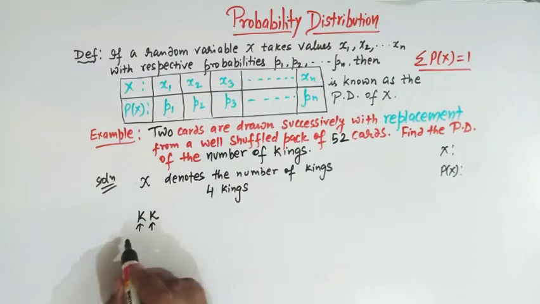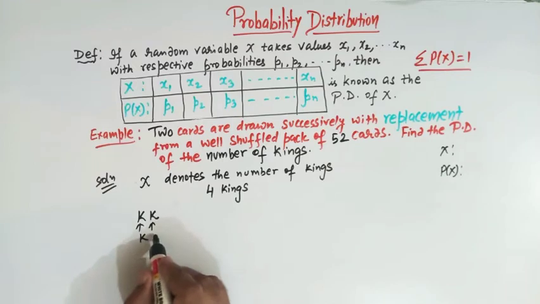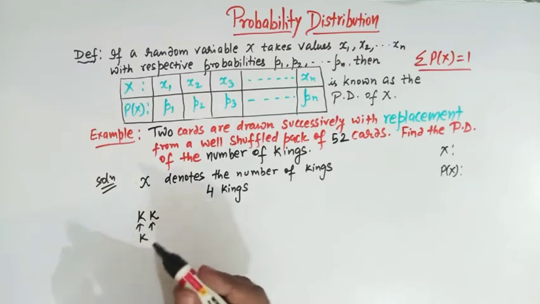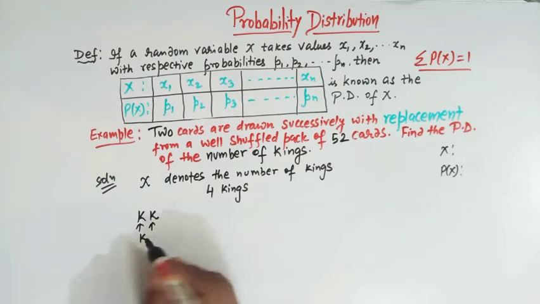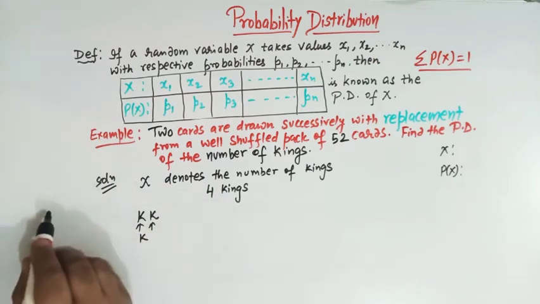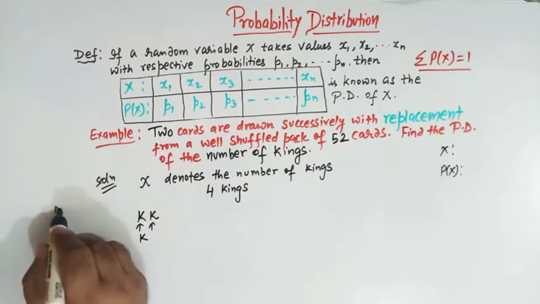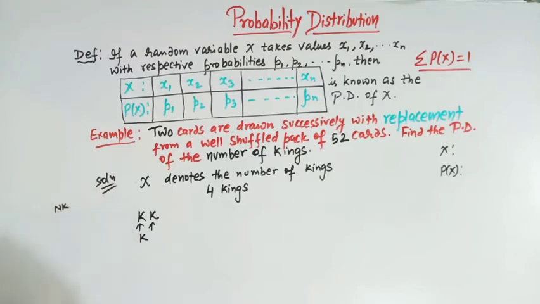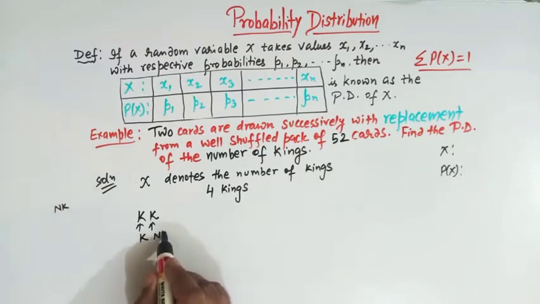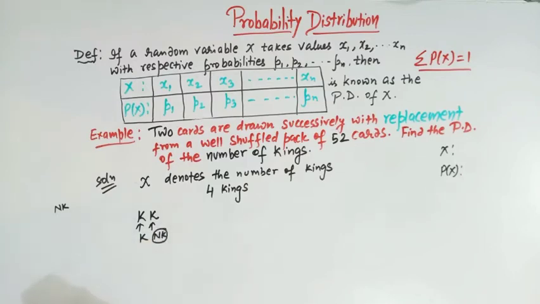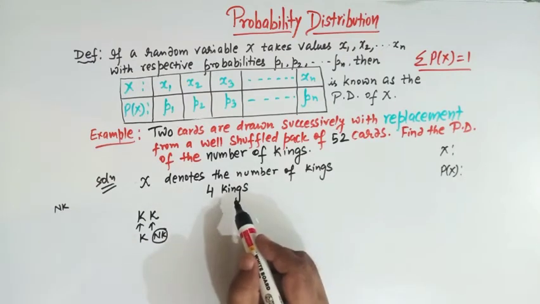Okay, now suppose we get the king in the first draw and a non-king, that is the card other than king, and we can denote that card by NK. NK means a non-king, right? And in this case we have only one king. So here in the first draw we have the king, in the second draw we have a non-king card.